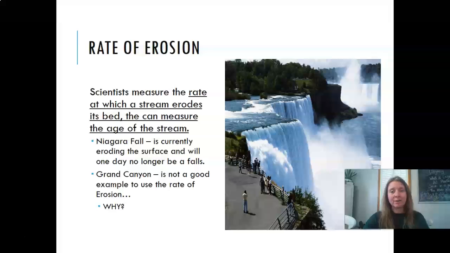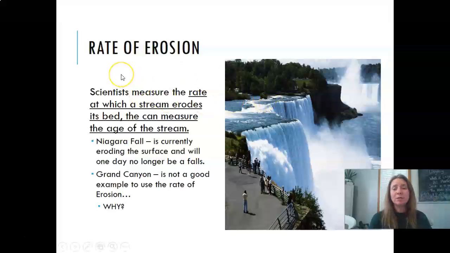This is a very large river that is running through an area where it has eroded down this cliff area. Over time, there's tons and tons of water going over Niagara Falls, and at some point it is going to erode far enough back that it might just become a river again. Grand Canyon is another great example of a rate of erosional process.